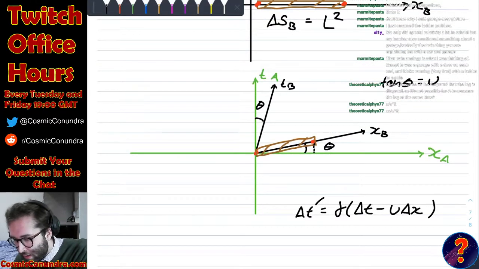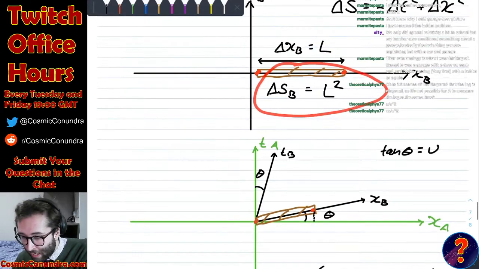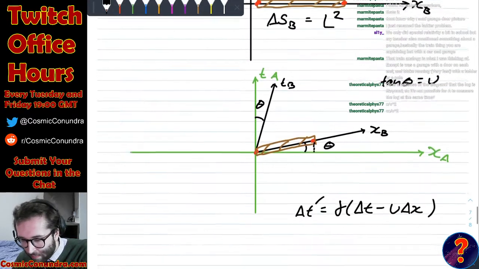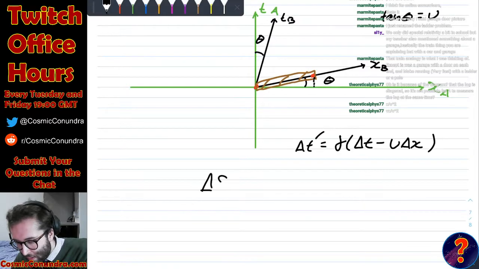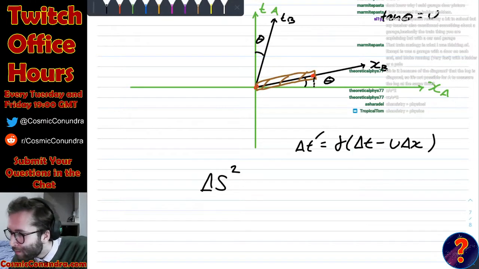But anyway, if we do the computation now, we found the space-time interval in this frame, which is L squared, and if we find it now in the A frame, it's going to have this component here.